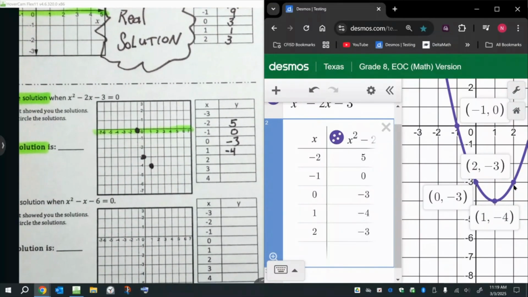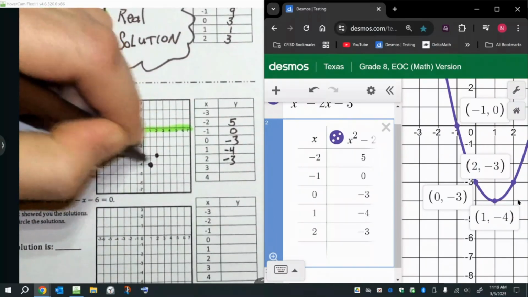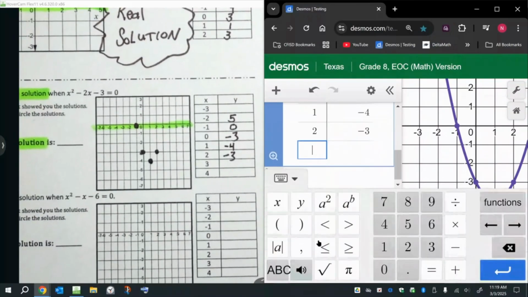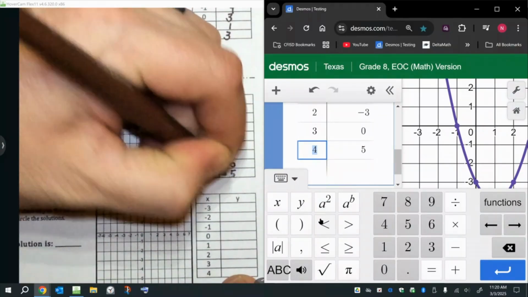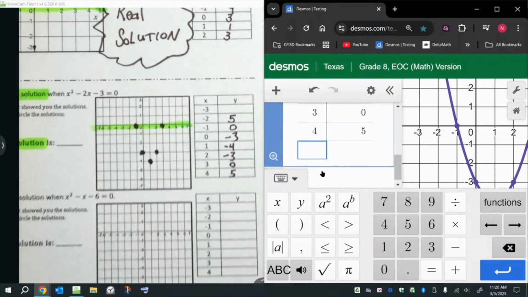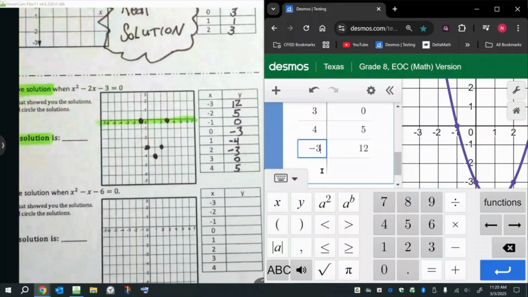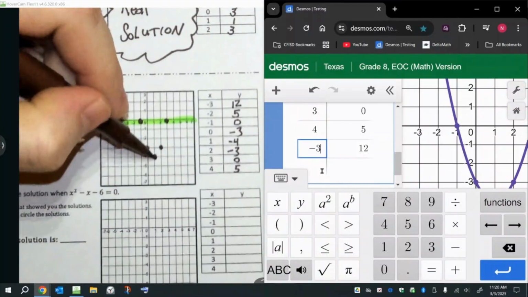And then the next value, 2 goes with -3. And then I'm going to type in 3 and 4. At 3 is 0. And then I also need to know what's happening at -3. And that's 12.